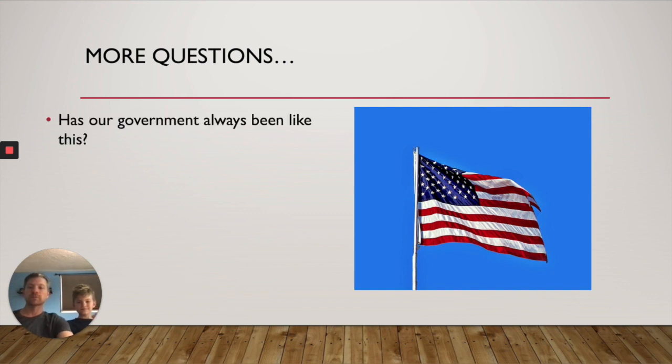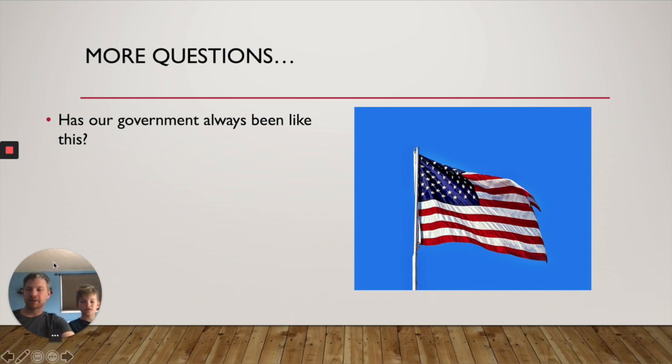We were wondering, has our government always been like this? I don't know. Probably. No. Has there always been a federal government? That's the country's government. It's called the federal government. Has there always been that in states and counties and cities? Maybe, but things change quickly, like we have experienced.